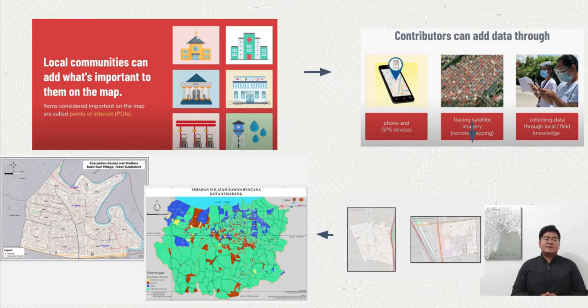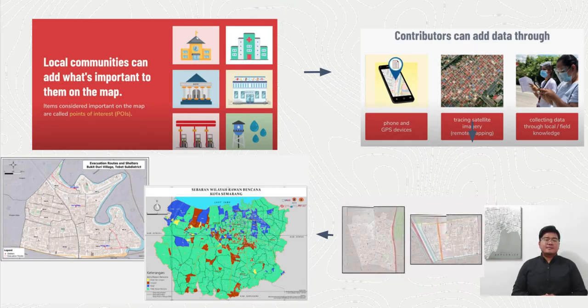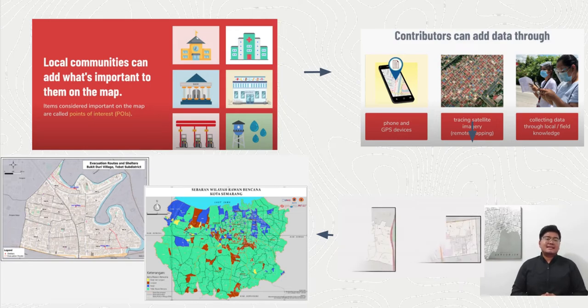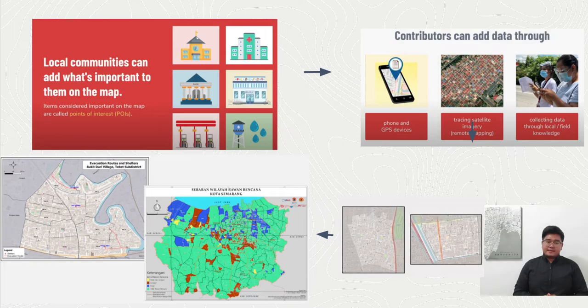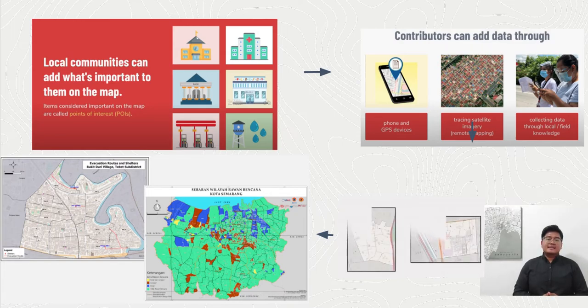Since the data in OpenStreetMap comes from local community members, it provides a holistic analysis of exposure and impact from a particular disaster, with all-rounded information and local perspective. So the policy and plan for disaster management will be on target and meet the needs of the people.